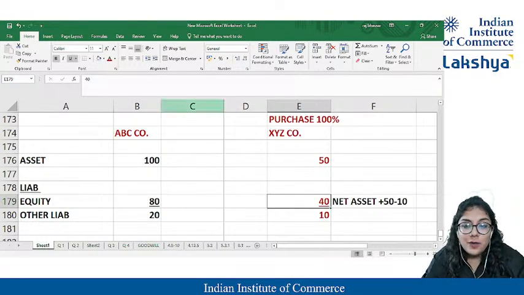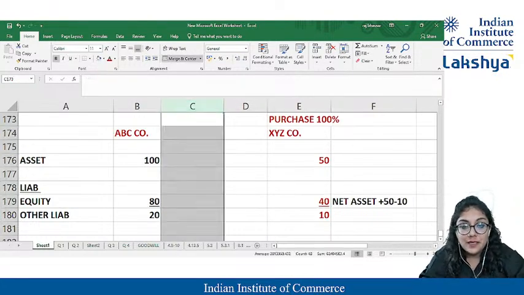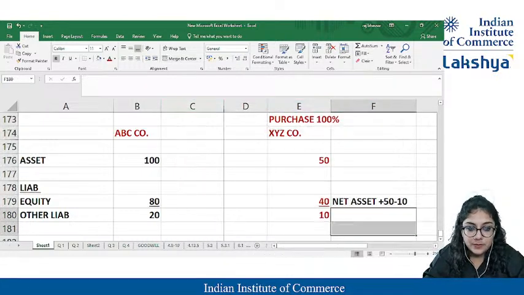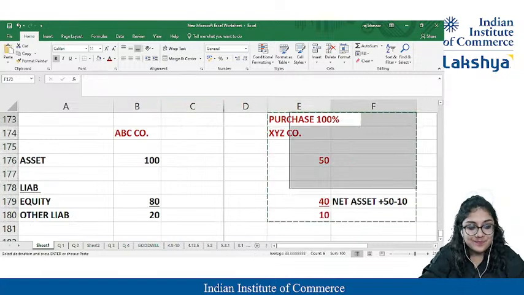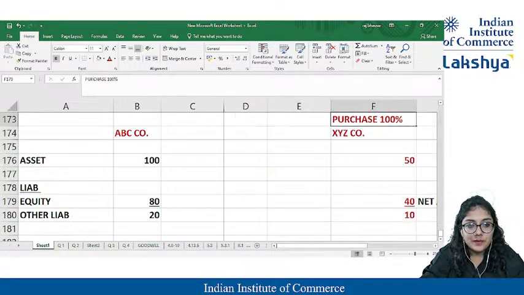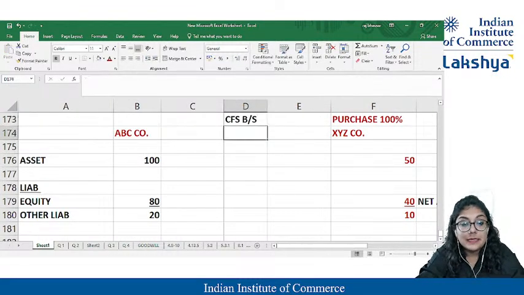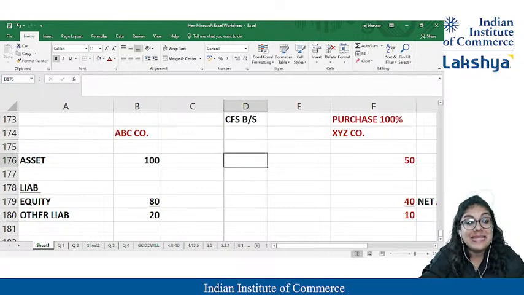Now let's say I am preparing a consolidated balance sheet. I'll just cut and paste it over here. Tell me what amount you are going to write in the assets.